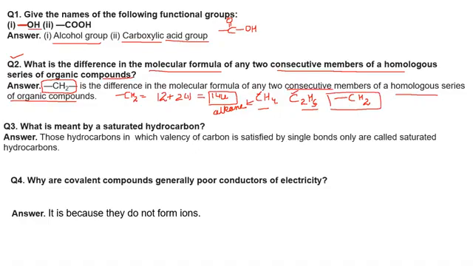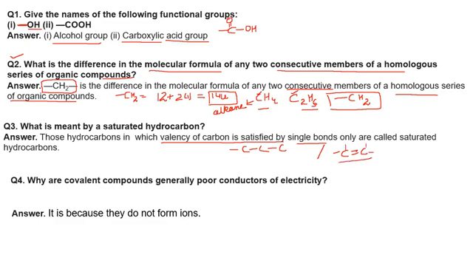Now coming to the next question. What is meant by saturated hydrocarbon? Those hydrocarbons in which the valency of carbon is satisfied by single bonds. Wherever you find single bonds between different carbon atoms, those hydrocarbons are saturated hydrocarbons, meaning all the valency of carbon is saturated. If there is a double bond between two carbon atoms, two valencies are fulfilled, and the third and fourth are fulfilled here too.